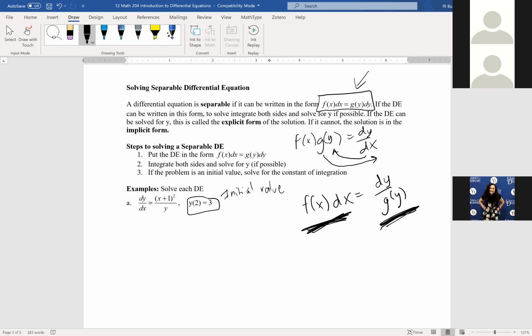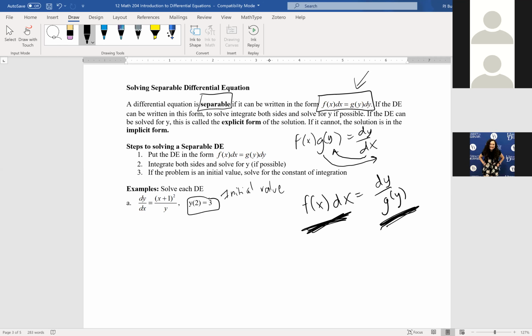That is the reason for calling it separable. So my only task is to get all of the y's on one side, all the x's on the other. Once I've done that, notice I have a differential on both sides, right? I have dx on one side, I've got dy on the other. You can integrate at that point, both sides.